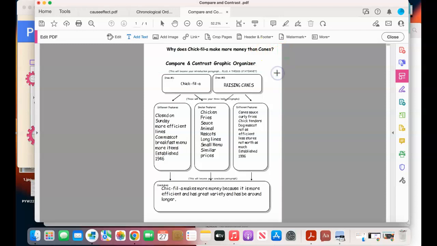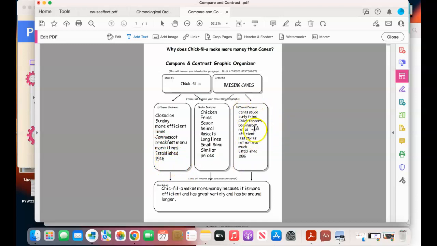Now, a lot of this information I made up as an example, so don't take any of this too seriously, okay? So, Chick-fil-A, Raising Cane's, and I've got different features, similar features, different features. Closed on Sunday, more efficient lines, cow mascot, breakfast menu, more items, established in 1946.